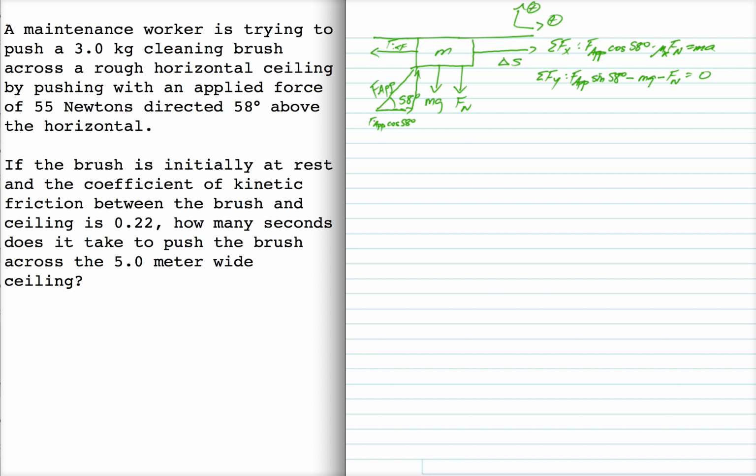Right, so I've got two equations and two unknowns, right? My unknowns are the acceleration and the normal force. So I need to solve one of these equations for the normal force. Let me solve this equation for the normal force, and then I'll plug that in to my x equation.